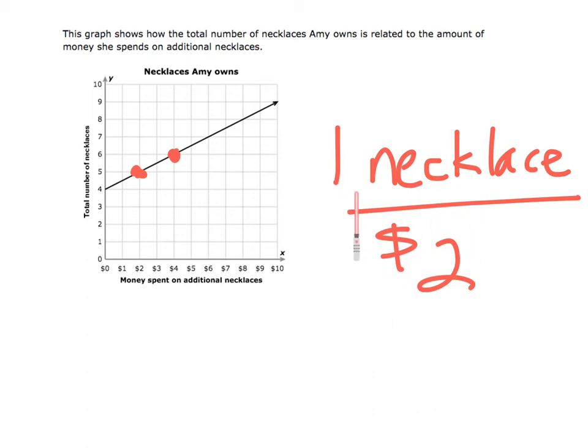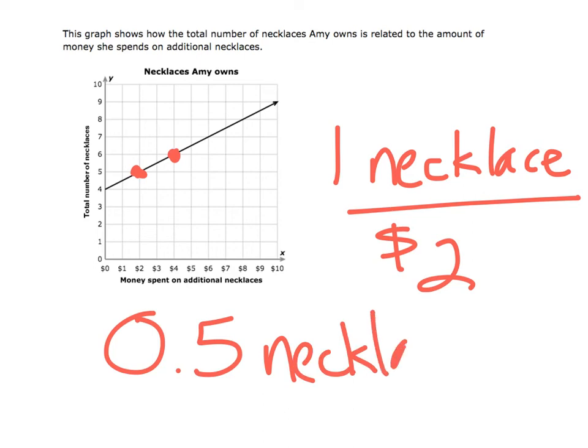So if I have 1 necklace for every $2, that is a half necklace per dollar, right? 1 divided by 2 is a half, or they're going to ask for it in decimals, 5/10 of a necklace per, and I'm abbreviating again, dollar, because I'm running out of room.